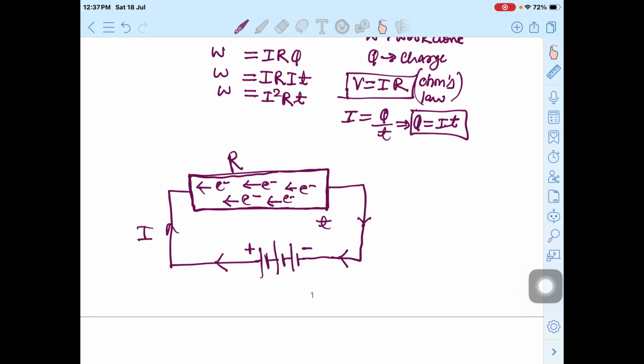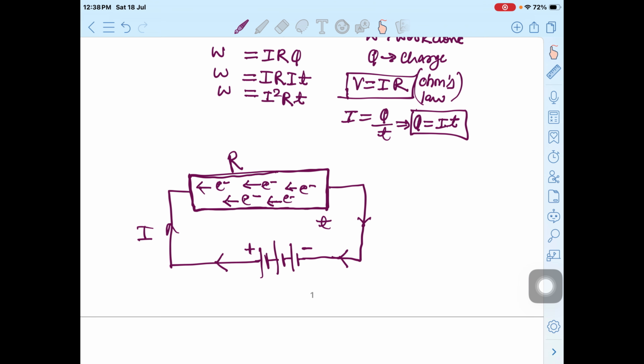So as electrons are drifting, they are doing some work. I told you initially that the potential difference is the amount of work done to move a unit positive charge, or unit charge. We can take electrons as well, right?